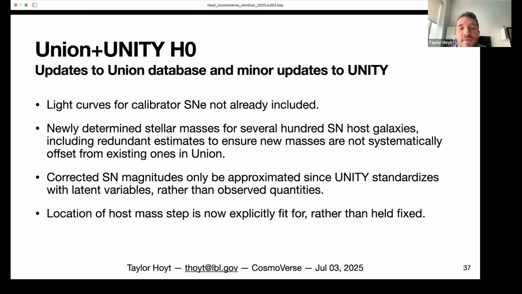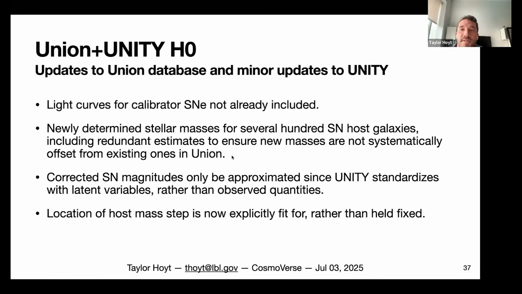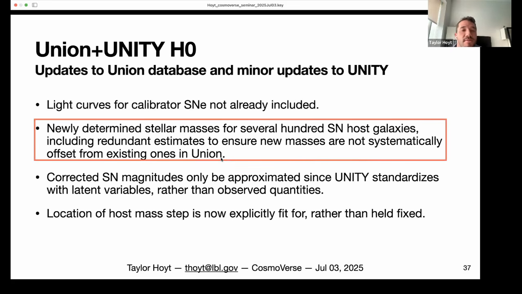So how do we do so? There are really only two key additions to the Union compilation. That is light curves for calibrated supernovae that were not already included, which are just a few that were part of surveys that were included in Union 3, but that were published as standalone papers. And then the more extensive addition is the determination of stellar masses for several hundred supernova host galaxies.